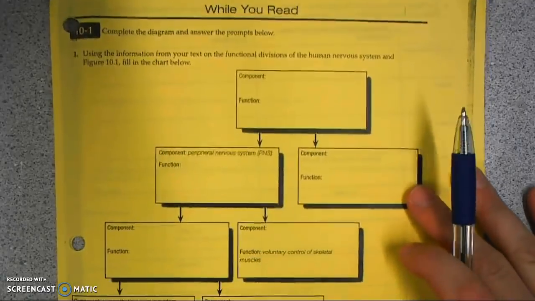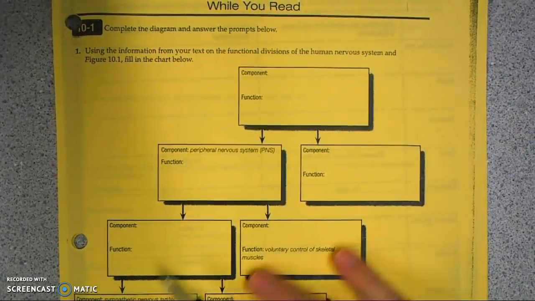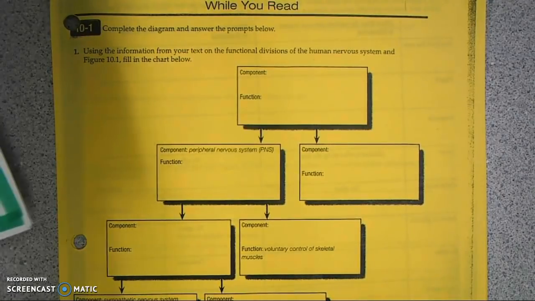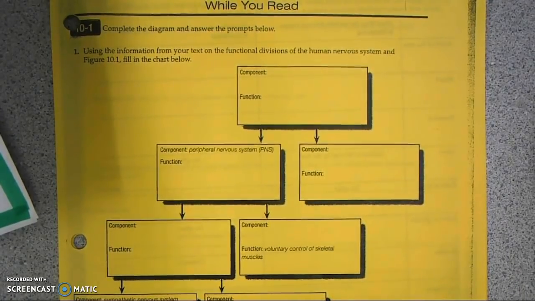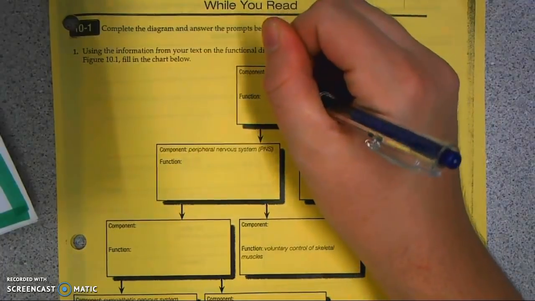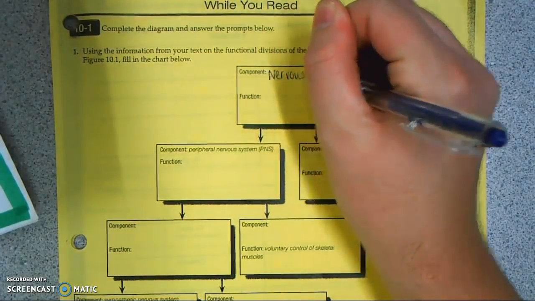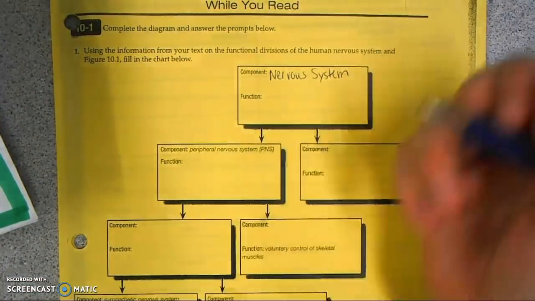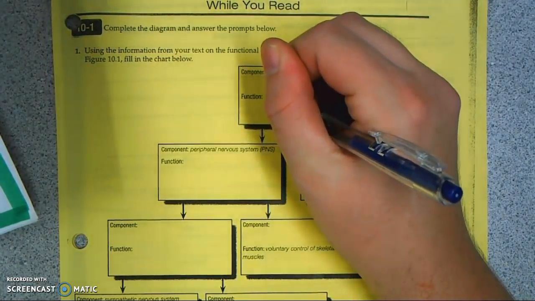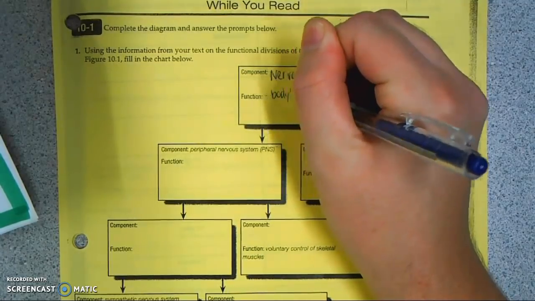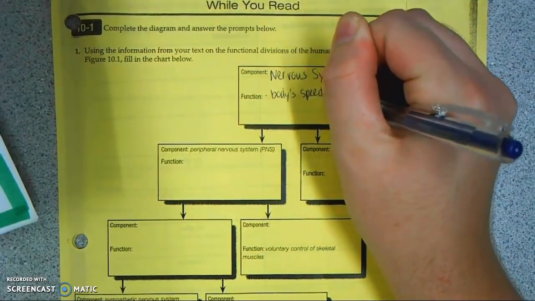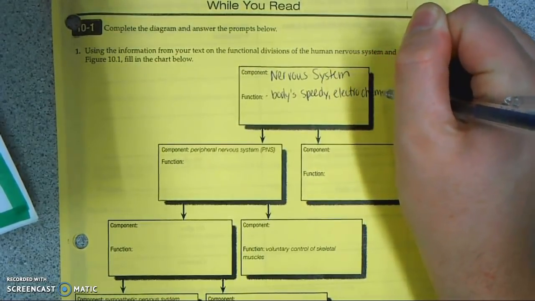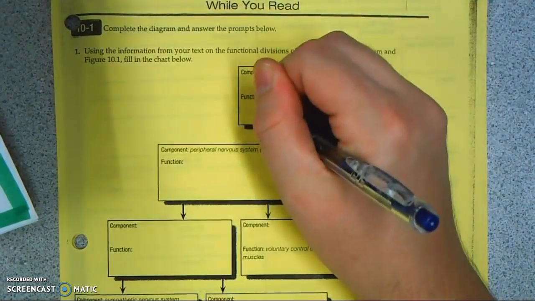For your Module 10 packet, this is asking you to fill in and annotate the parts of the nervous system. We'll start at the very top. The component that we'll look at is the nervous system. We'll put down our definition. It's the body's speedy electrochemical communication network.